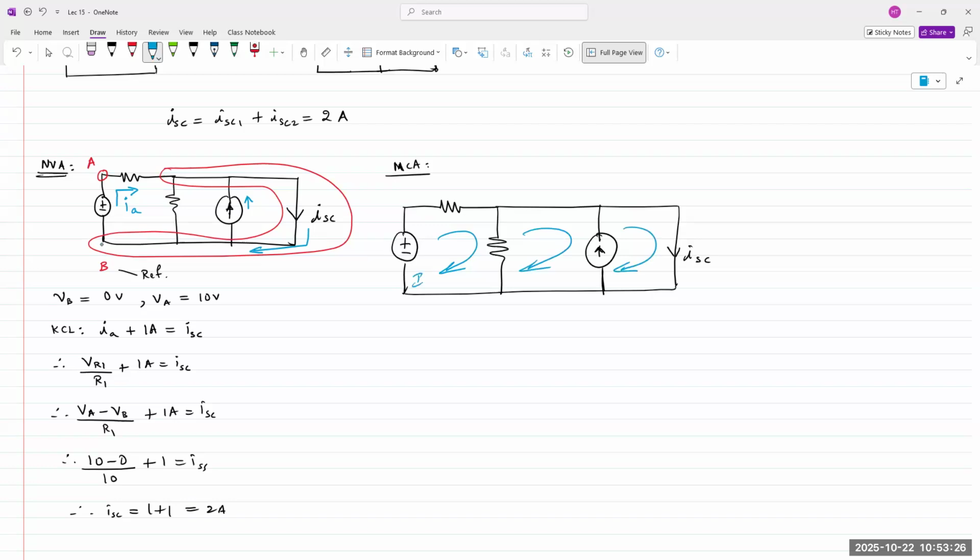So we have IA, IB, and IC. IC would be ISC, that is correct, right? ISC would be my mesh current IC. However, IC is not the 1 amp current source.